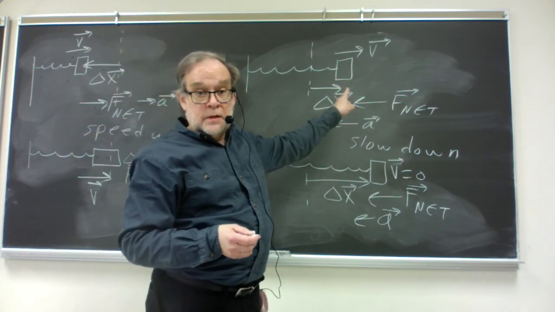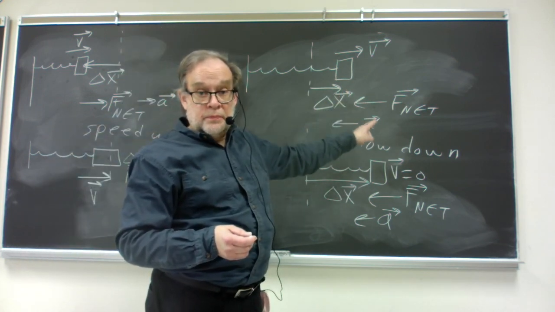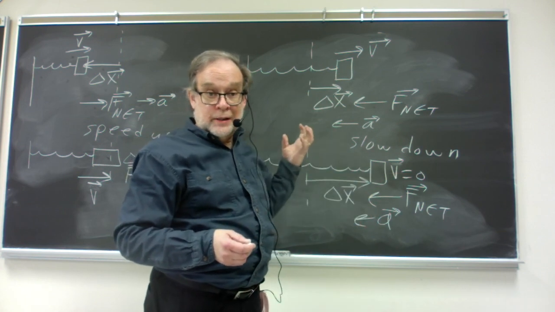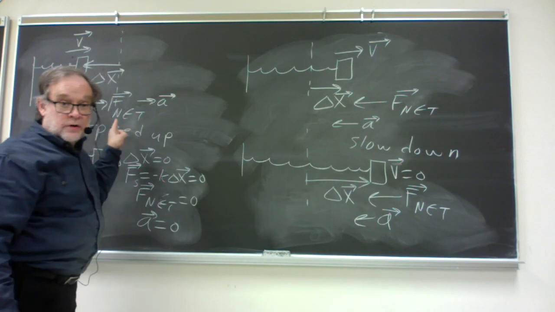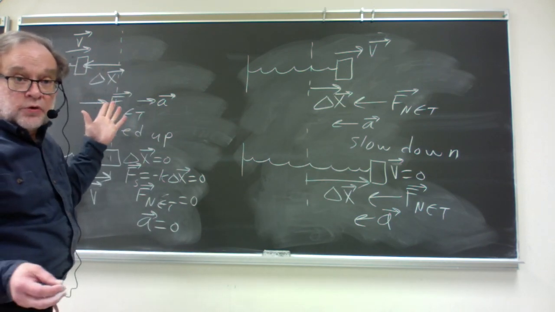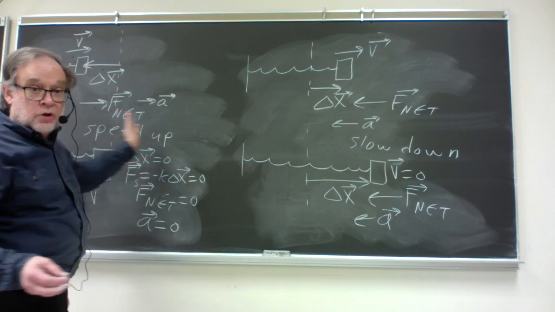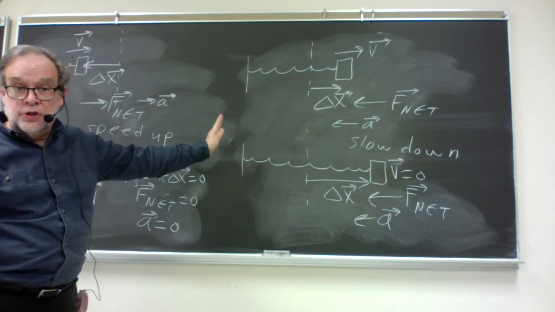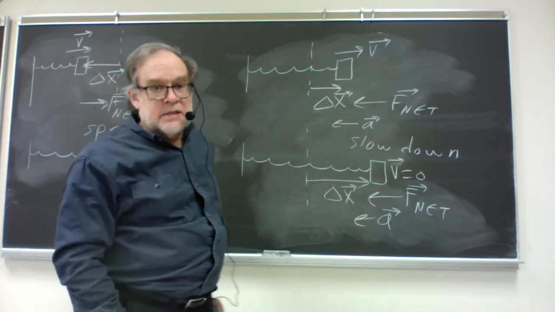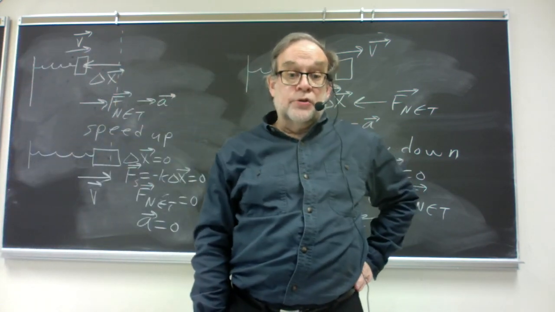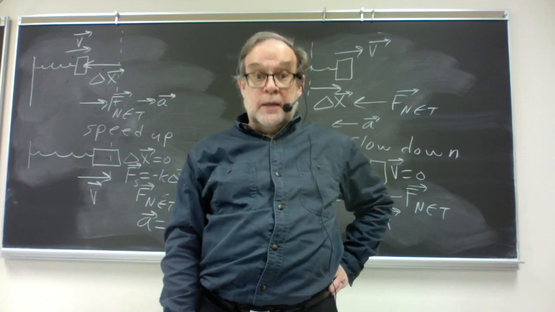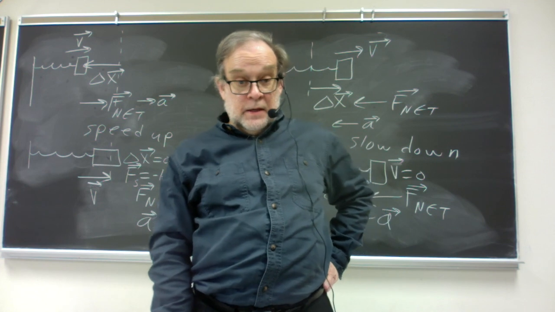Here, the mass is to the right of equilibrium, so the net force, being a restoring force, is pulling it to the left. Over here, the mass was to the left of equilibrium, so the net force, the restoring force, was pushing it to the right, trying to push it back towards equilibrium.